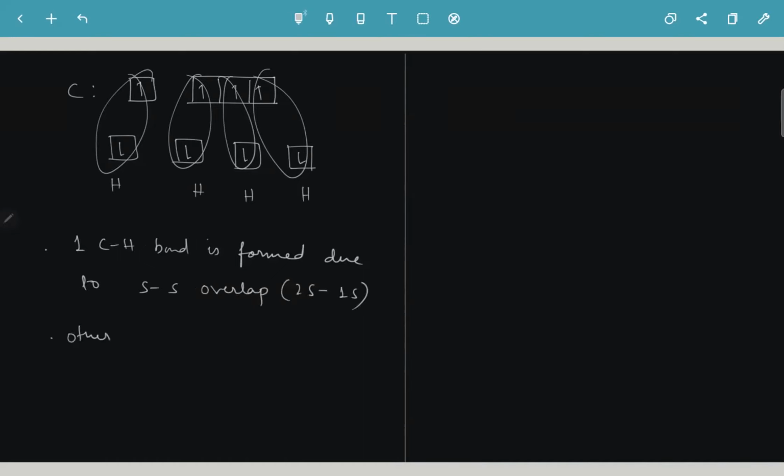The other three CH bonds are formed due to sp overlap: 2p of carbon and 1s of hydrogen.